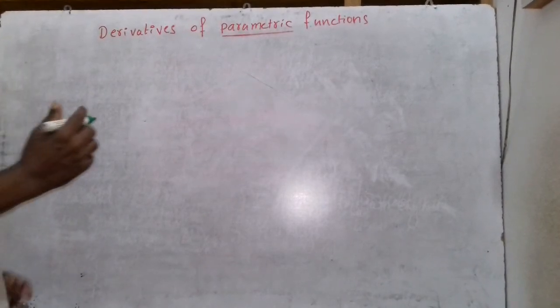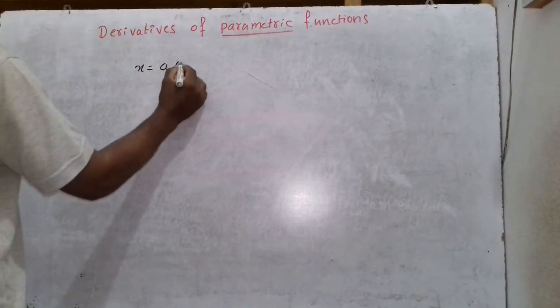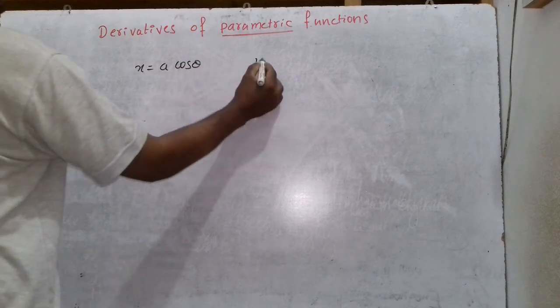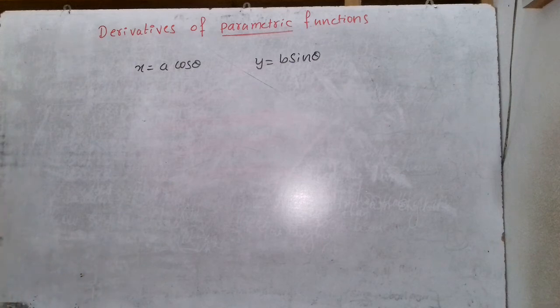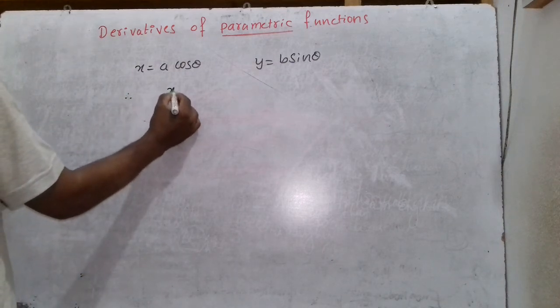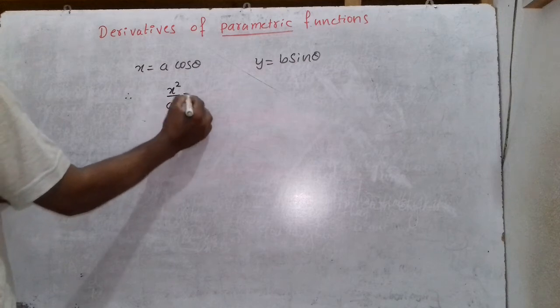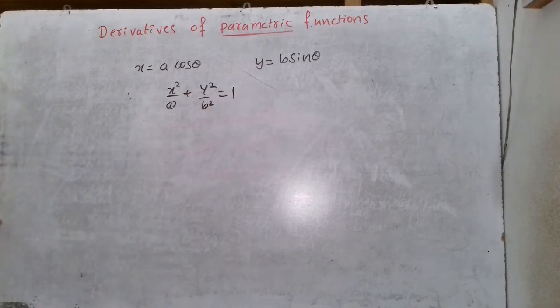Now consider another example, x equal to a cos theta, y equal to b sin theta, and consider the equation of an ellipse, x square by a square plus y square by b square equal to 1.